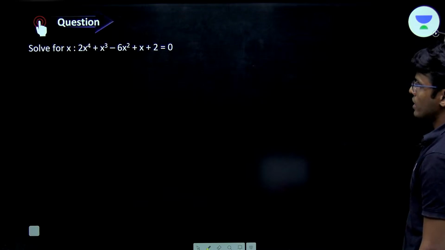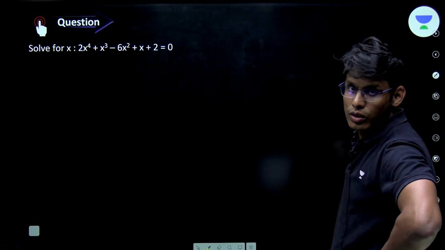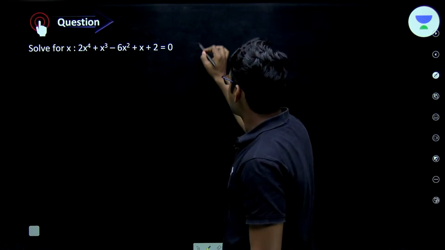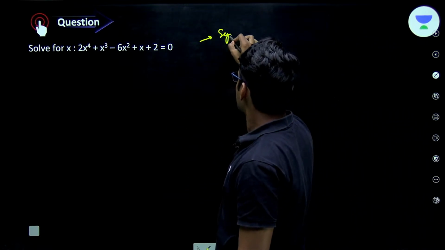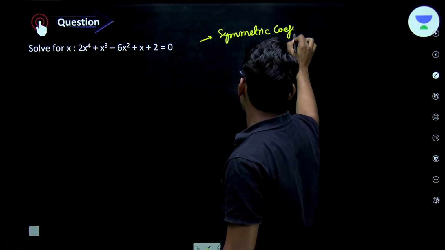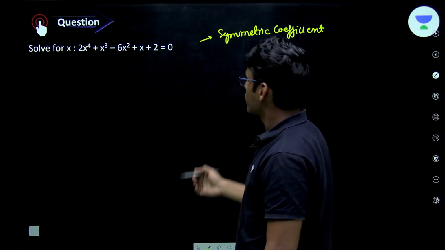Now, let's move on to the next problem. Now, this is a degree 4, right? This is something called a symmetric coefficient problem, and there is a hack to it. Symmetric coefficient, you have to write it symmetric coefficient. In this, what do we do?